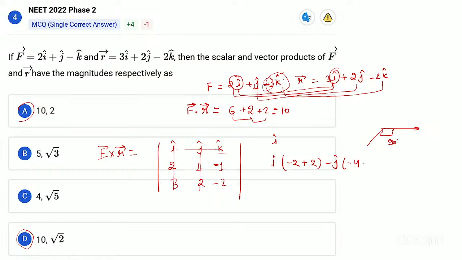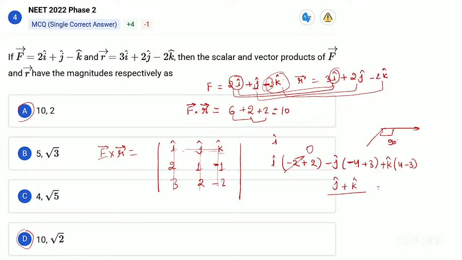Minus 4 minus 3... but already there is a minus, so it will become plus j cap. Then k cap: 4 minus 3, which will become 1. So it is j cap plus k cap.